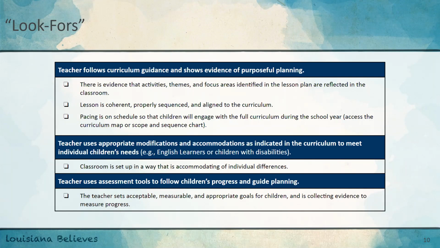Pacing is on schedule so that children will engage with the full curriculum during the school year. If you need help, you can access the curriculum map or a scope and sequence chart, or if it's maybe a curriculum that goes by months of the year, you can check to make sure that the teacher is following the appropriate month of the manual.